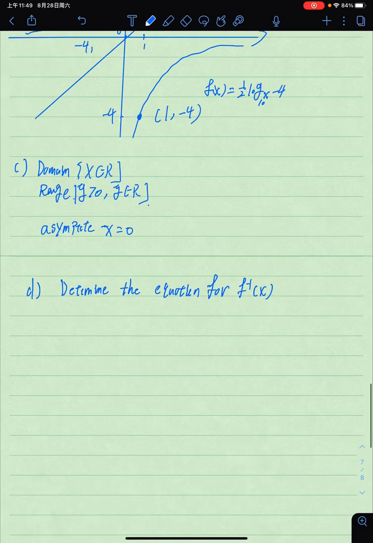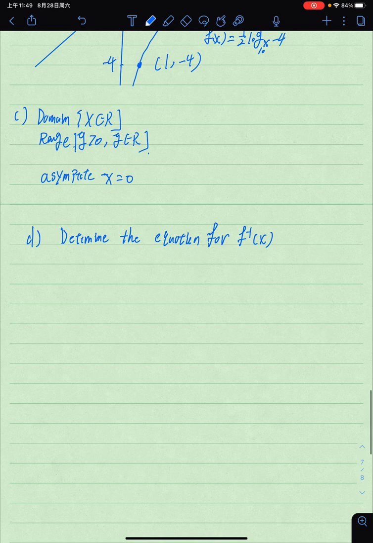The original equation is y equals one half log x minus 4. For the inverse function, we need to exchange y and x.